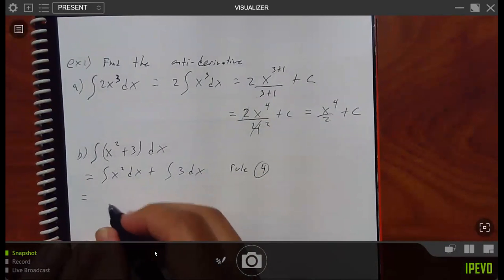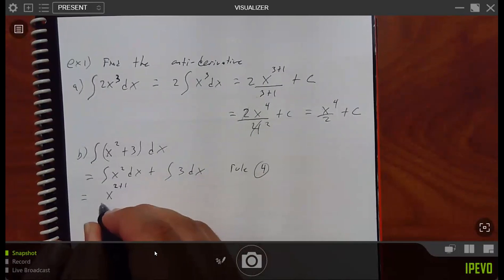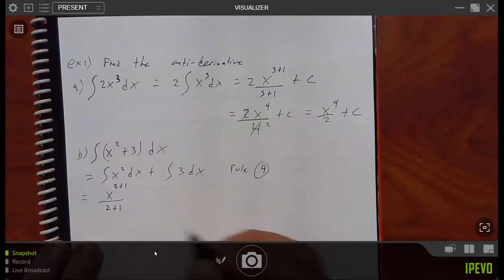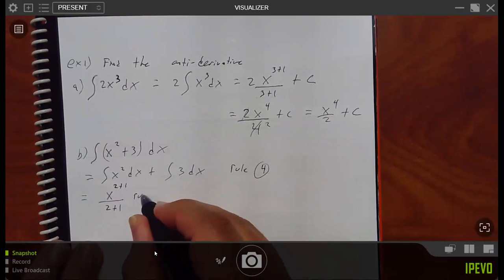And then apply the power rule to this guy. So that will be x to the 2 plus 1 over 2 plus 1. That's Rule 5.